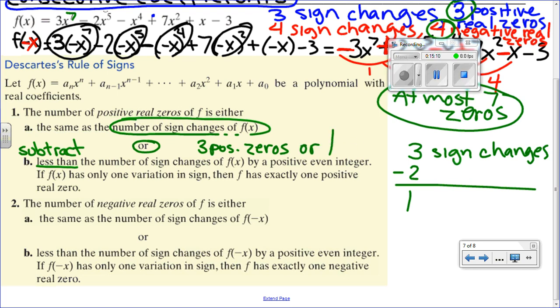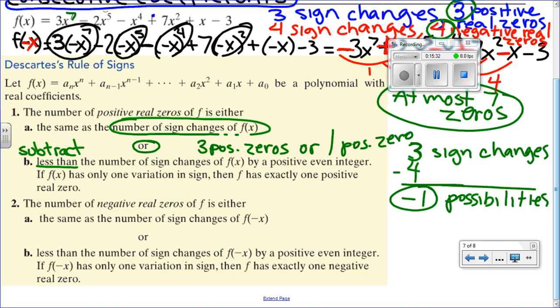Now, if we subtract another even integer, such as 4, you will get negative 1, and there's no way you can have negative 1 possibilities. So then we just say either 3 or 1.